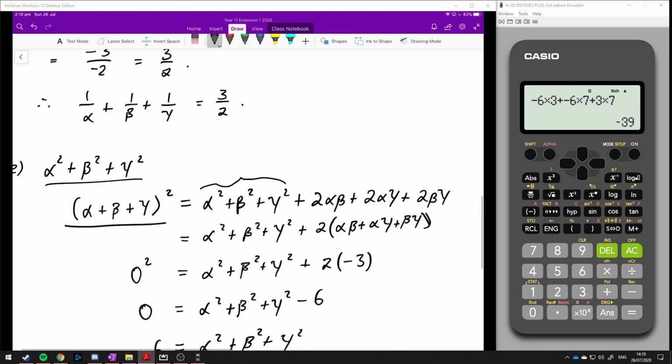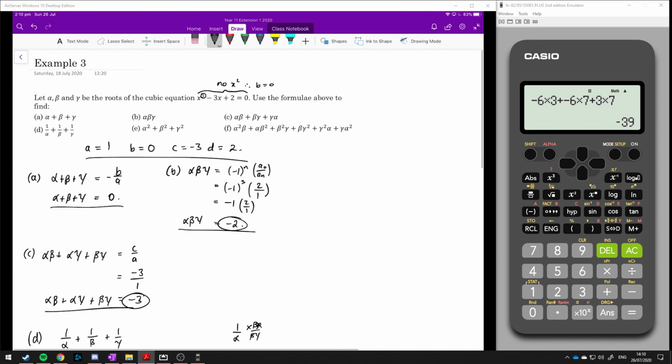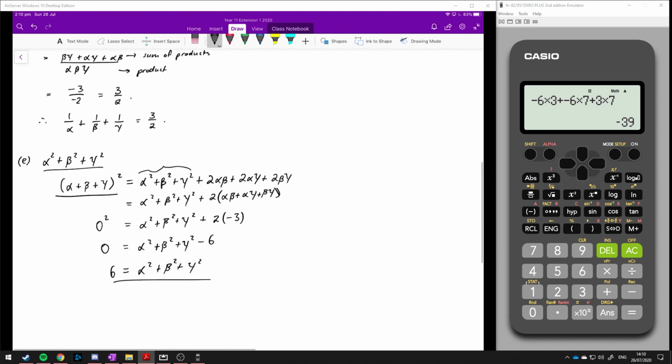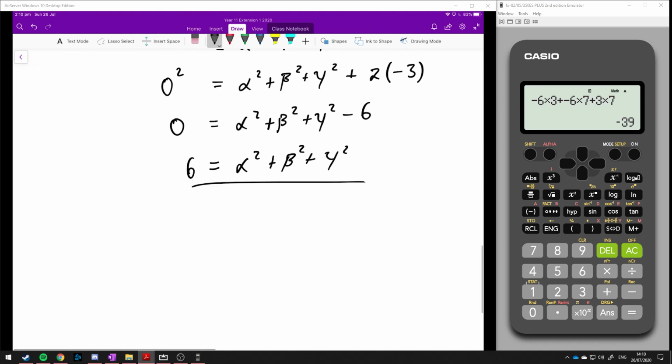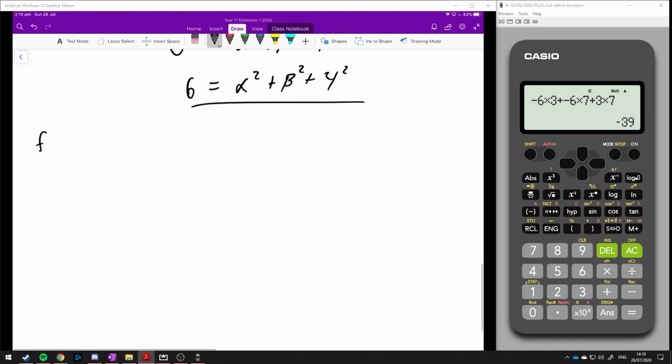Last one, part F. So part F is another one of these tricky ones. This one's an even bigger collection of our symbols. So I'm going to write F here, and I'm going to put it in.